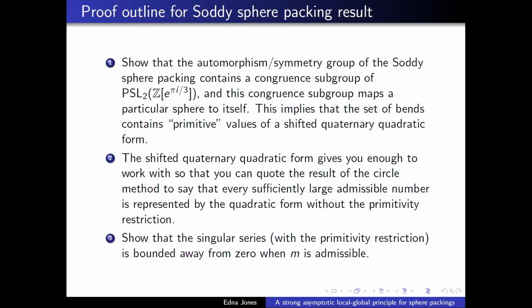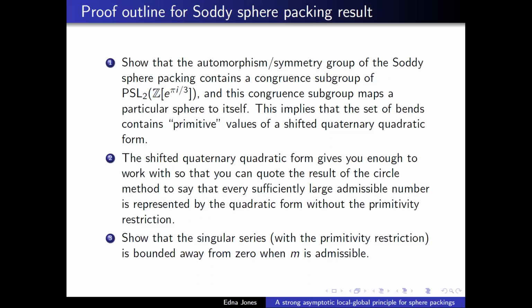And what Kontorovich actually spends a lot of time doing is showing that a singular series that contains all the local information, so all the congruence obstructions, all the congruence restrictions, that's contained in the singular series. He spent a lot of time showing the singular series with the primitivity restriction is bounded away from 0 when M is admissible.